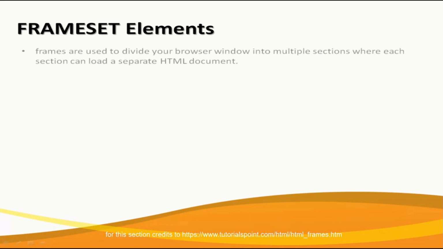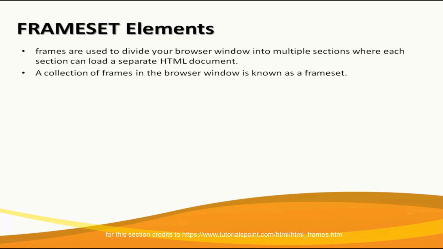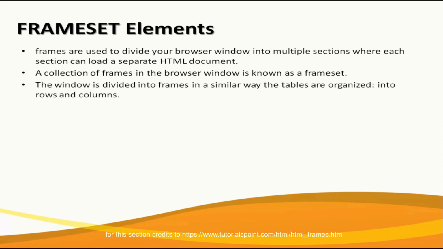Frames in HTML are used to divide your web browser window into multiple sections, where each section can load a separate HTML document. A collection of frames in the browser window is known as a frameset. The window is divided into frames in a similar way as tables are organized into rows and columns.